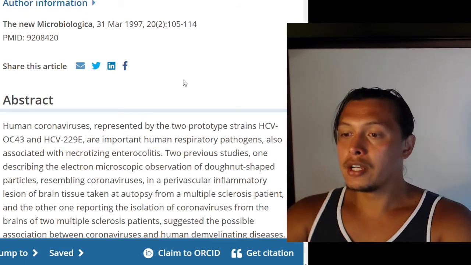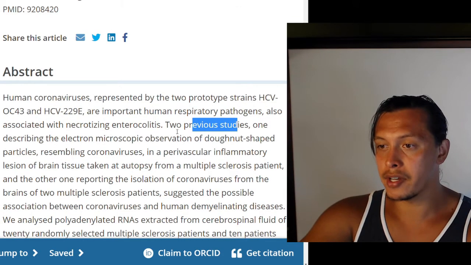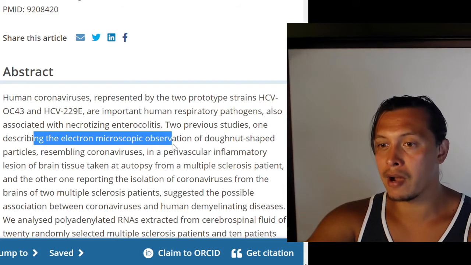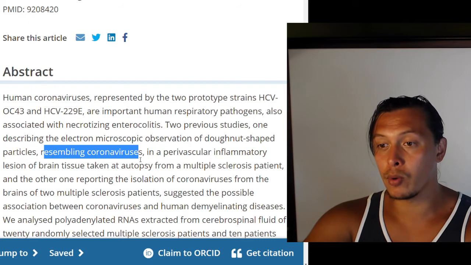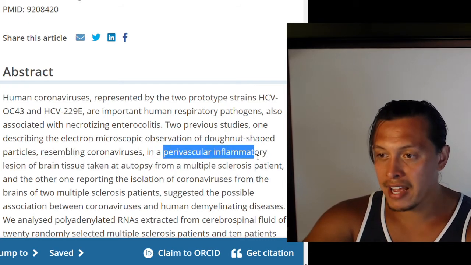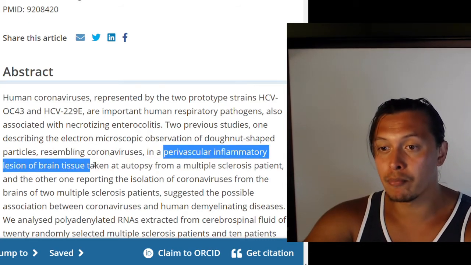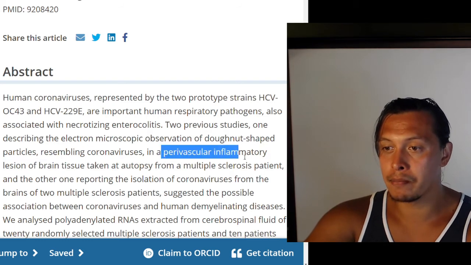Anyways, let's continue. So the two previous studies, one describing the electron microscopic observation of the donut-shaped particles resembling coronaviruses in a perivascular inflammatory lesion of brain tissue. So what is a perivascular inflammatory lesion?